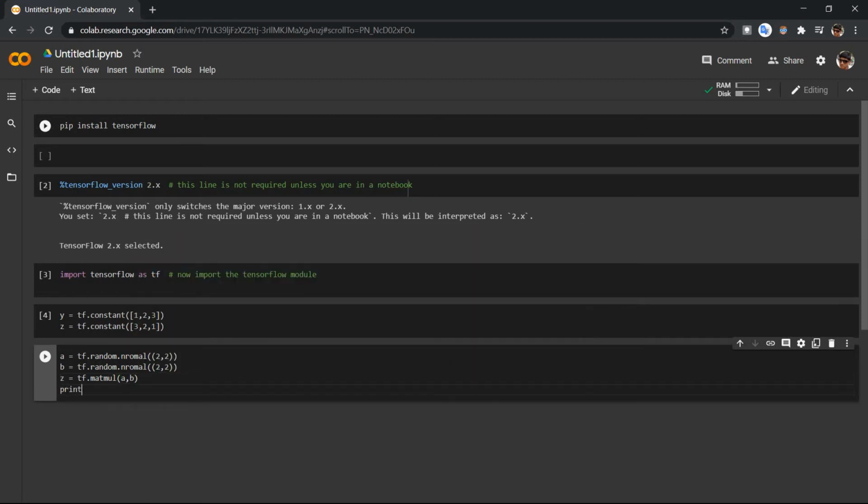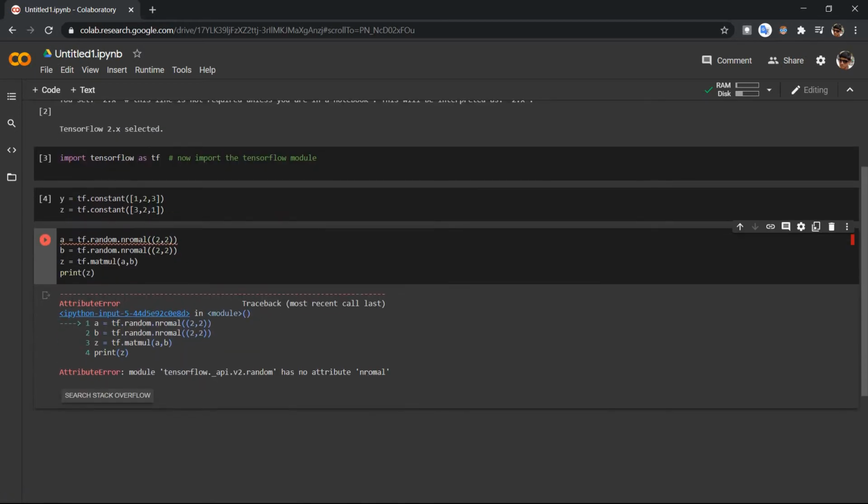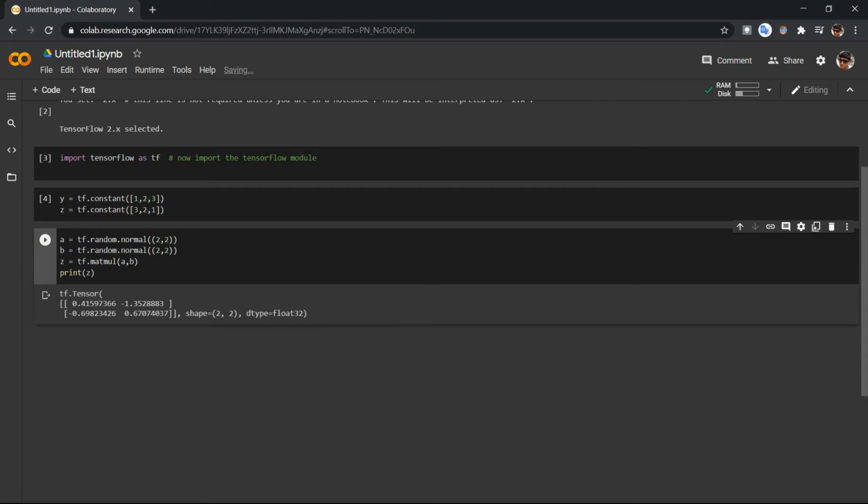Let's print that, and we'll get an error, model has not... okay. And yes, we have a tensor of 2 by 2 and its multiplication.